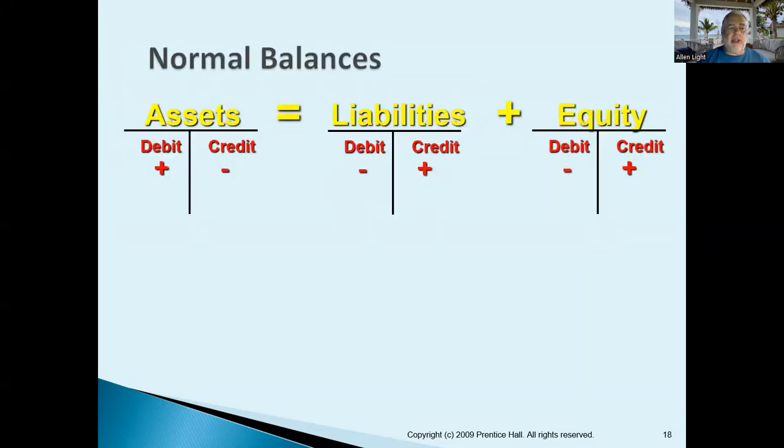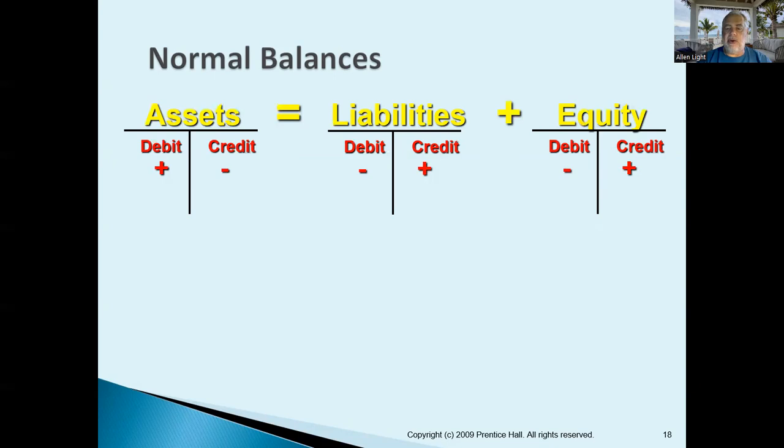Now, there's something else called normal balances, and a normal balance is simply the average positive amount for that particular account. Okay, it appears on the side where the increases are recorded.